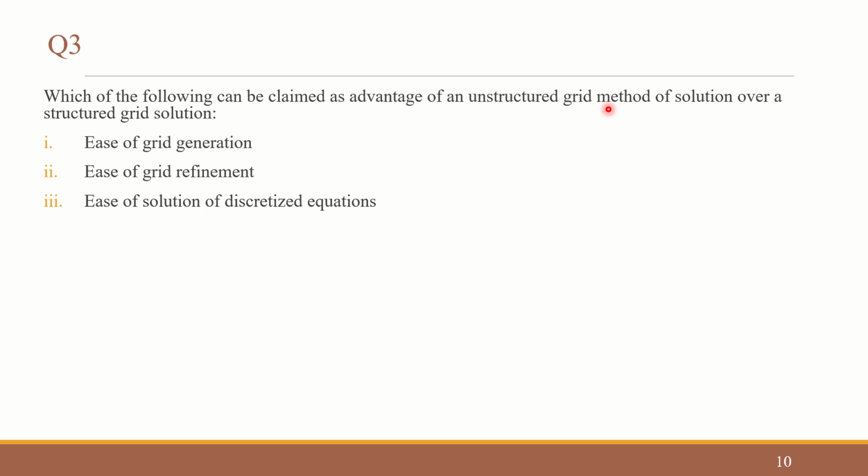We are talking about advantages of unstructured grid method over a structured grid solution. So we know that it is easier to generate unstructured grids than structured grids. So first one is true, ease of grid generation. Second one, it is given that ease of grid refinement. Again, grid refinement in certain zones you can achieve using unstructured mesh, which is not possible directly using structured mesh. And third one, it is ease of solution of discretized equations.